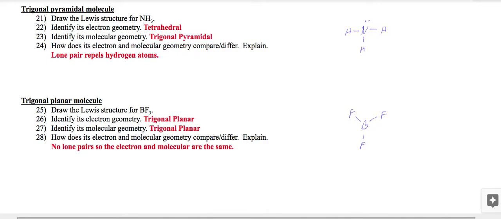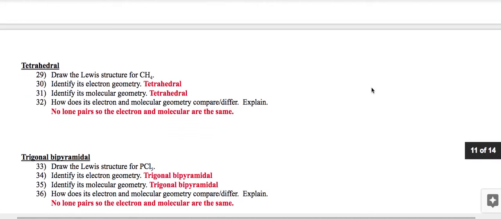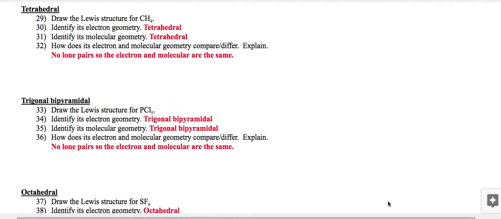The extra set of electrons here, the lone pair of electrons on the ammonia, are the ones that push the hydrogens away from the electrons, towards each other, which makes it into a pyramid form. And it has a tetrahedral electron geometry because of the 1, 2, 3, 4 things attached to it. Tetrahedral.